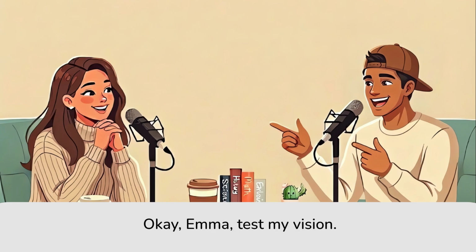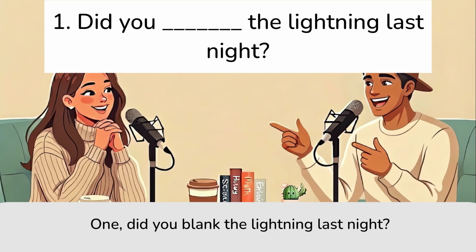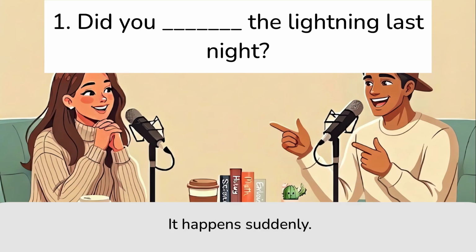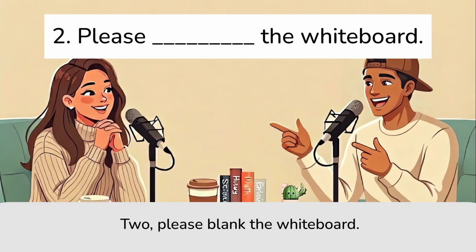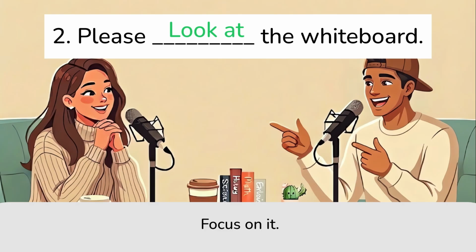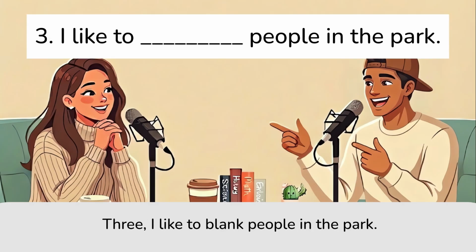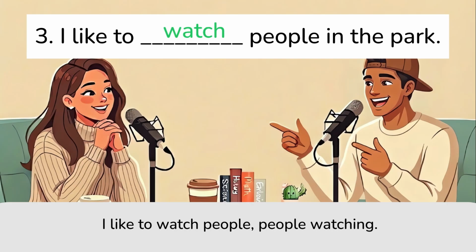Okay, Emma, test my vision. 1. Did you blank the lightning last night? It happened suddenly. Flash. See the lightning? Correct. 2. Please blank the whiteboard. Focus on it. Please look at the whiteboard. 3. I like to blank people in the park. They are moving around. I like to watch people. People watching.